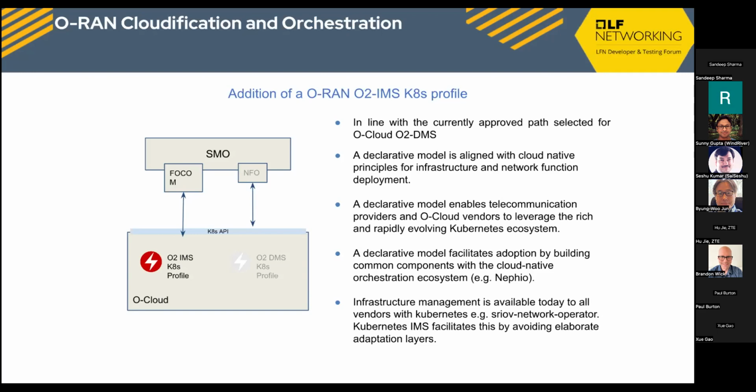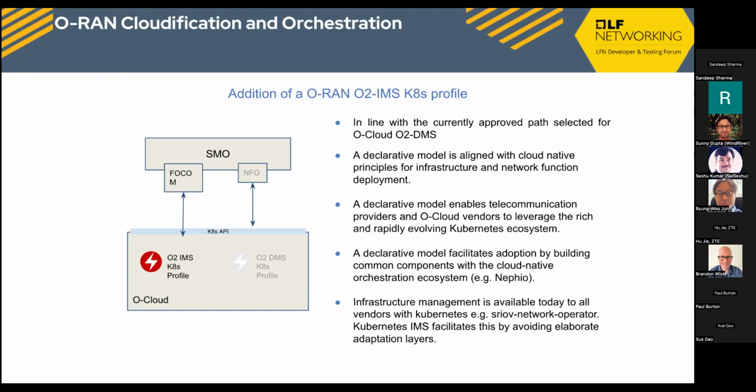Once we declare the cloud native Kubernetes APIs for the provisioning and management of the infrastructure as well, we can facilitate the adoption of a cloud native orchestrator like Nephio, and that is what the talk is about.